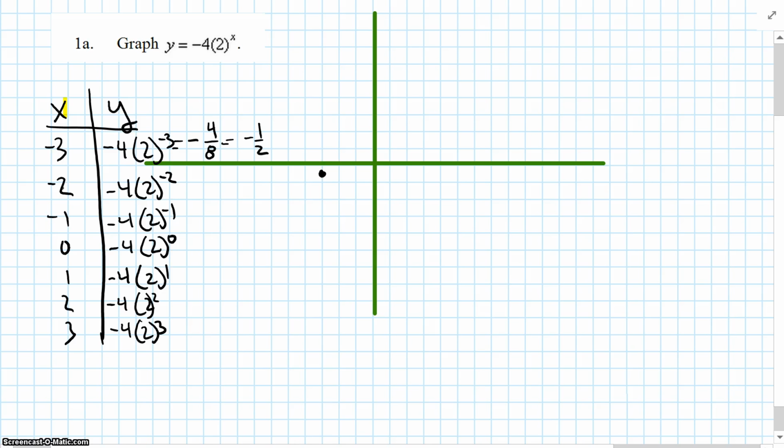When x is -2, y is really -4/4, which would be -1. When x is -1, it's really -4/2, which would be -2. When x is 0, y is -4.